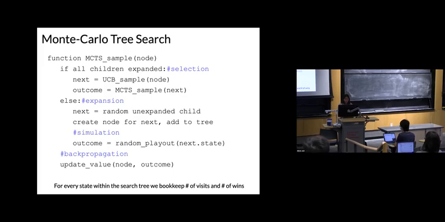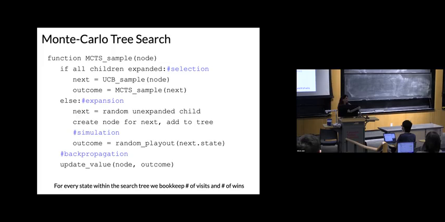You're in a particular state, and you need to make sure, first of all, that all actions have been tried out. If all actions have been tried out, which means all children of that state have been expanded, then you are okay to select your next node based on the UCB criterion. Otherwise, you need to expand an unexpanded child. That's all this says.